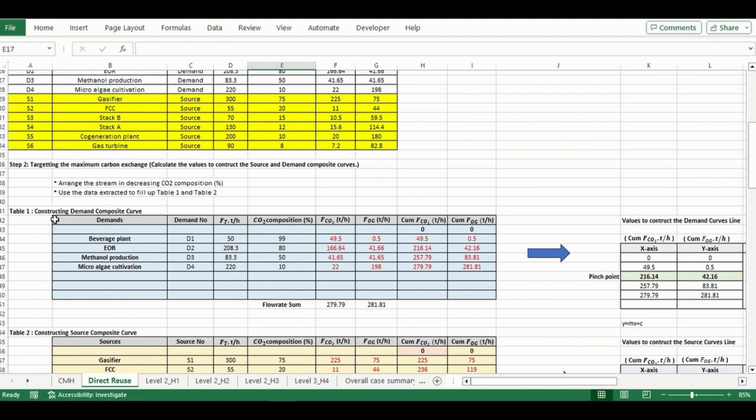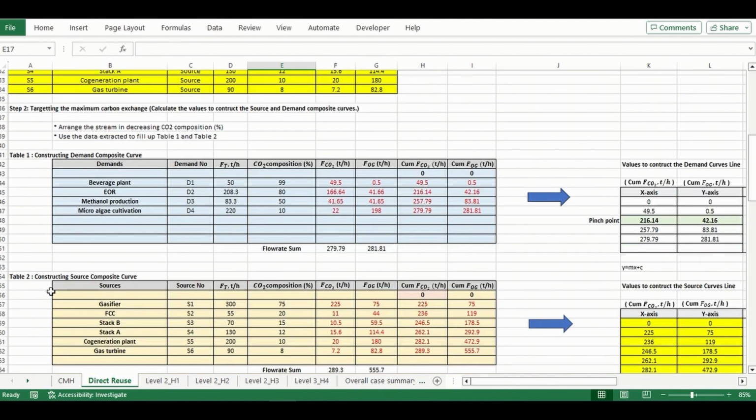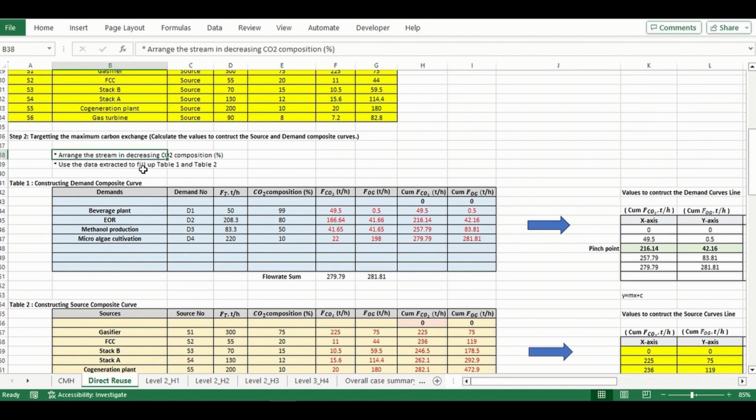Table 1 represents the values for constructing the demand composite curve, and table 2 represents the values for constructing the source composite curve. But you need to make sure of two things before filling in the values: number one, arrange the streams in decreasing CO2 composition, and number two, fill in the data extracted from step 1.